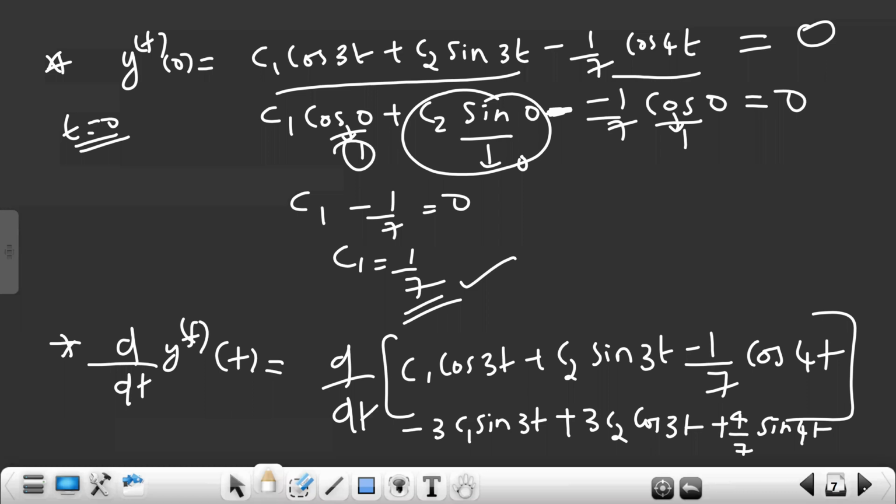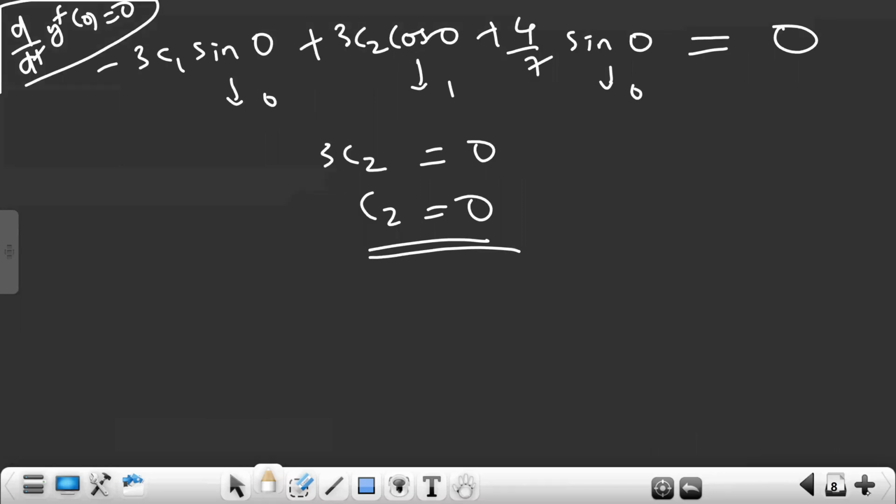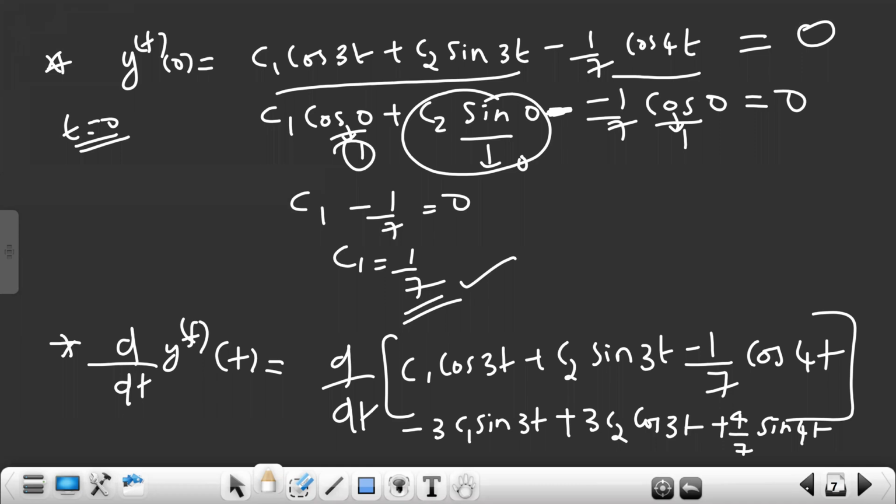Don't make any mistakes. So after finding C1, in order to find C2, we applied the second initial condition, and I found the value of C2. Within this 1 minute, this meeting will end. Kindly rejoin again. Now after finding C1 and C2, what will you do? I will put them in our main equation number 5.